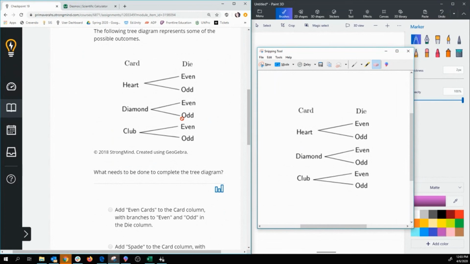So when you find this problem and you're looking at the tree diagram, what do you think is missing from it? Knowing that we're picking a card, writing down the suit, and then looking to see if we roll an even or an odd number. So what do you think is missing? Jocelyn says spades is missing.